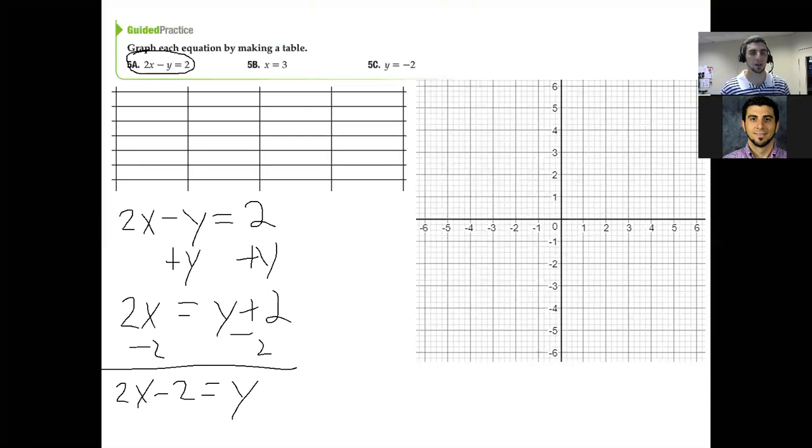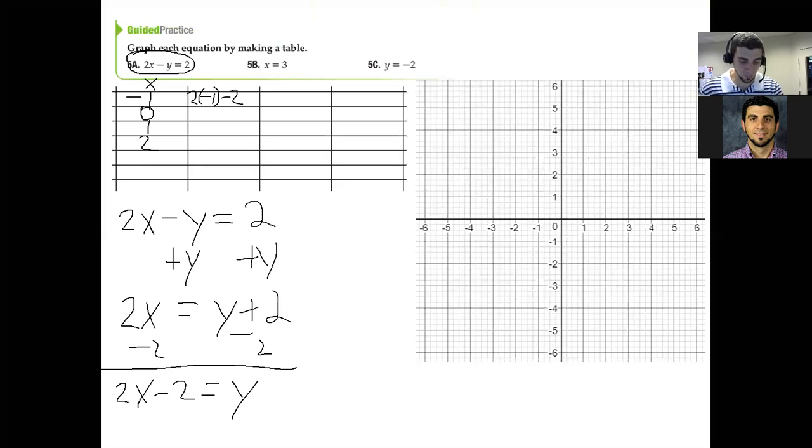All right, since the number in front of x is not a fraction, it doesn't really matter what I put in. So I'm going to put in, this is my x value, -1, 0, 1, and 2.